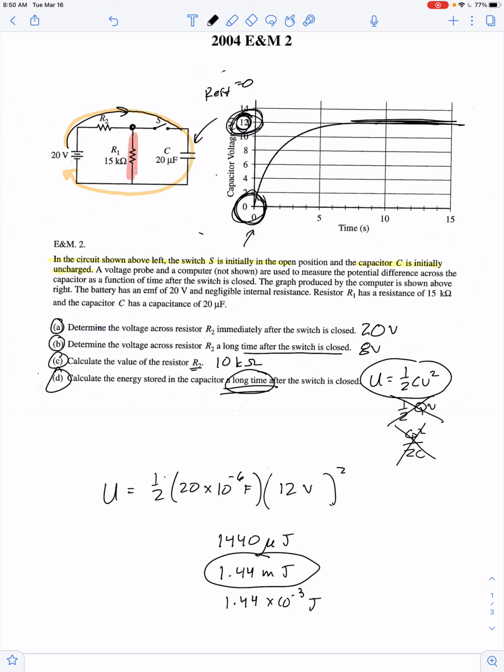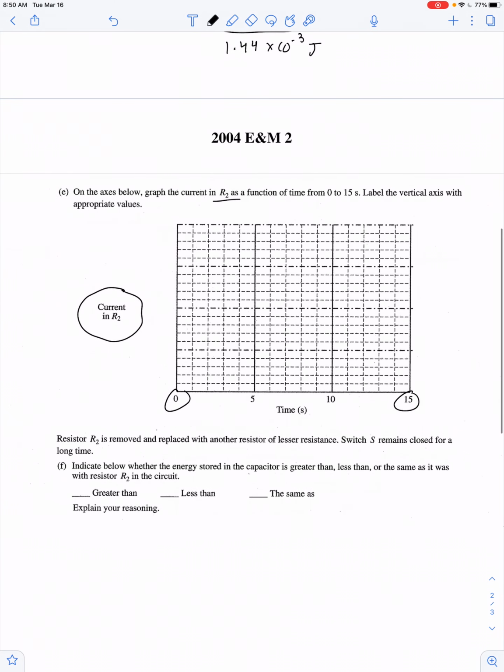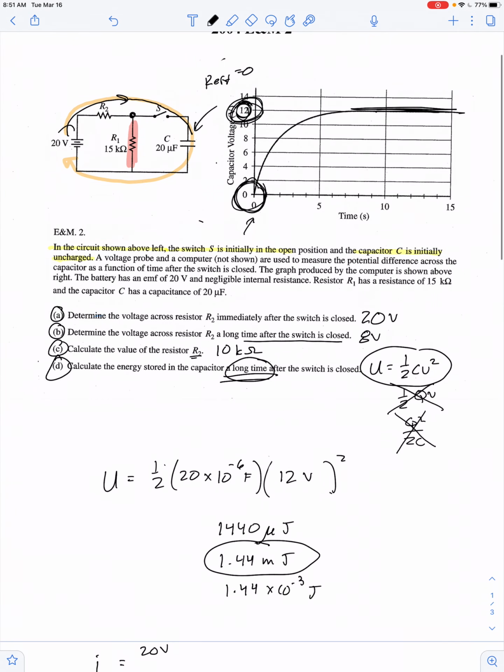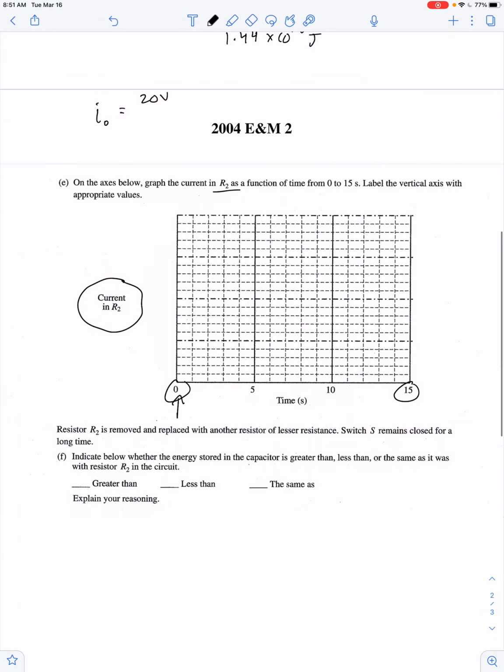It all takes the path to the capacitor. So the initial value of the current at time t equals 0, we'll call this I naught, should be equal to the 20 volts provided by the battery divided by just the resistance of R number 2. So 20 volts divided by 10 kiloohms, well, 20 divided by 10 would give us 2, but because we're dividing by kilo, I guess that means 2 milliamps is the initial value.